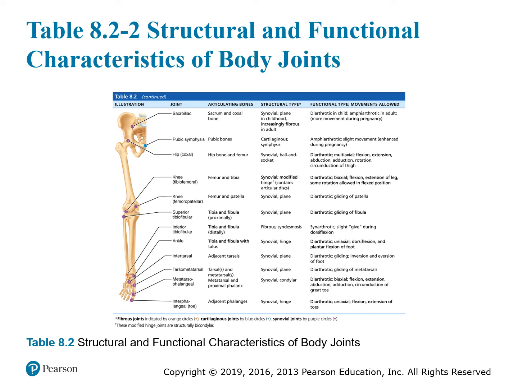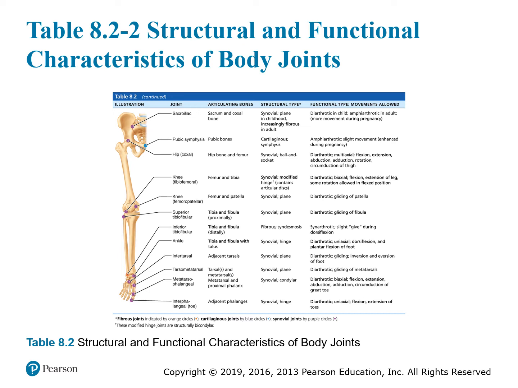The knee is the tibiofemoral joint, and it consists of the femur and the tibia articulating. Structurally, this is a synovial joint. It's a modified hinge joint, and it contains an articular disc. Functionally, it is diarthrotic, biaxial.